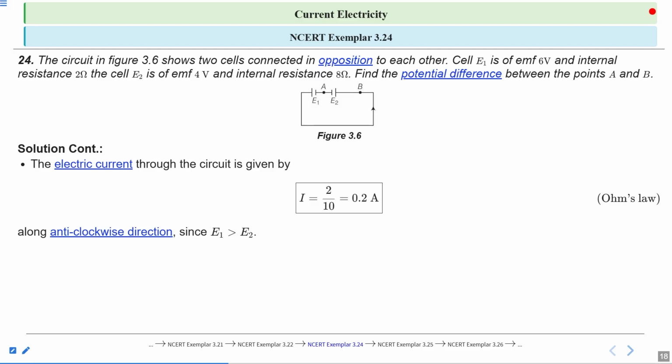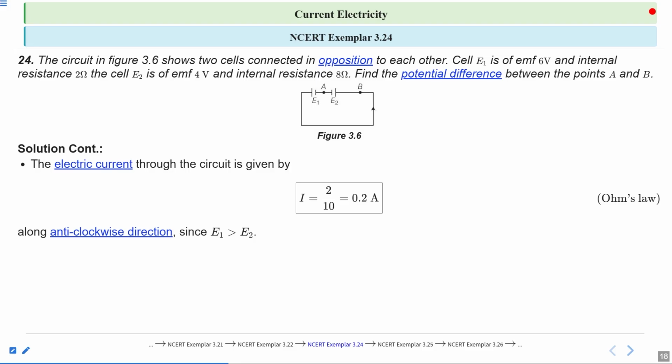Okay. So current is flowing from positive terminal of first cell to the negative terminal of first cell. So current is due to the first cell. Direction of current is due to the first cell. So it is exiting from positive terminal or entering in the negative terminal of first cell.